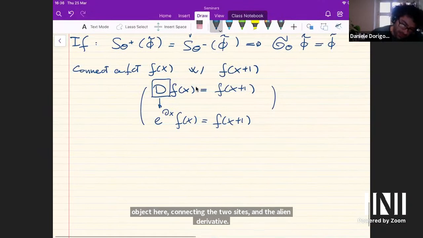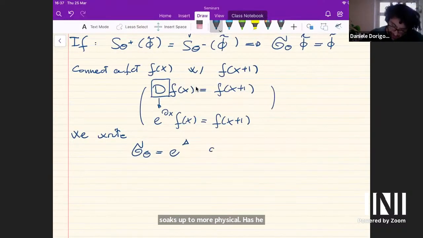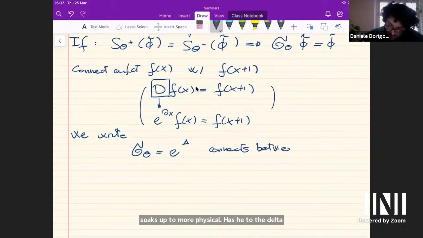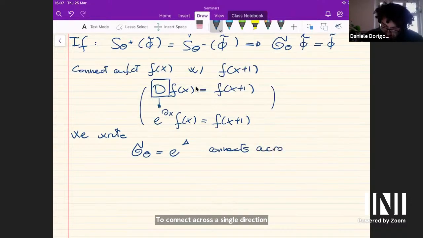So we write the Stokes automorphism as e to the delta. So this connects, well, they connect across a singular direction, a Stokes direction.